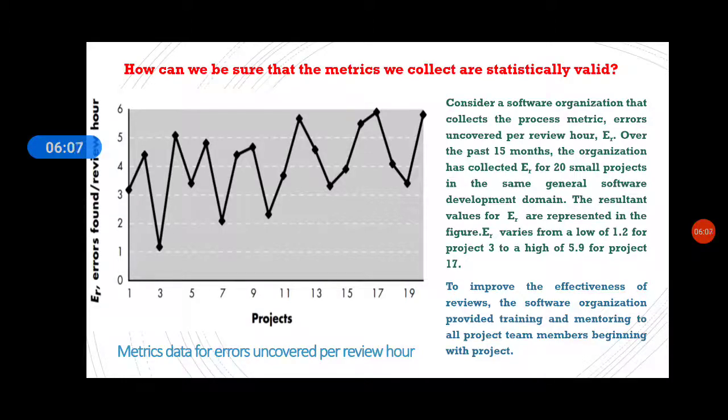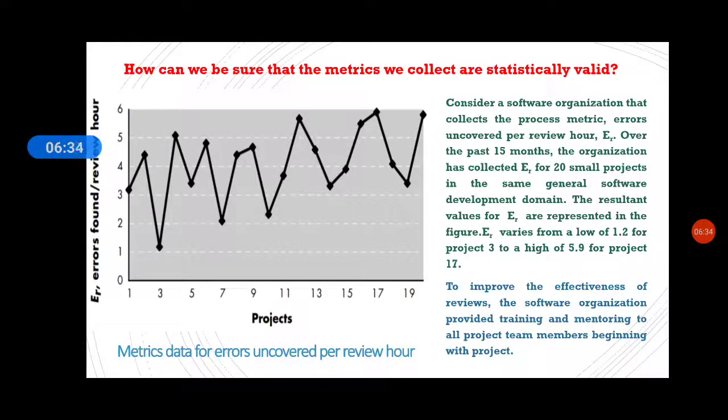Consider a software organization that collects the process metrics, errors which are uncovered in the reviews. The review depends upon the hour. It is represented as ER. ER is the errors that are uncovered per review hour.